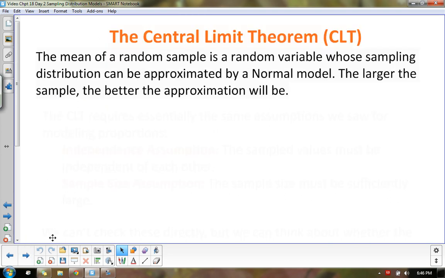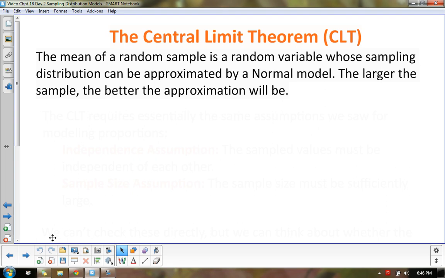All right, now what is the central limit theorem? It says the mean, the average of a random sample, keyword random, is a random variable, a variable that changes, whose sampling distribution can be approximated by a normal model. The larger the sample, the better your approximation will be. Whoa, right? Lots of crazy words.